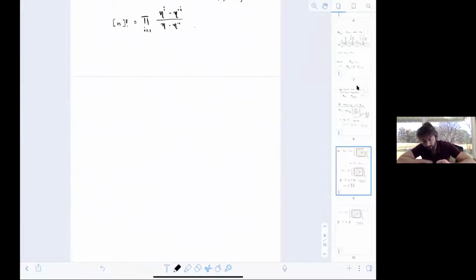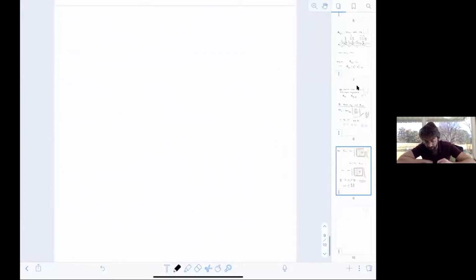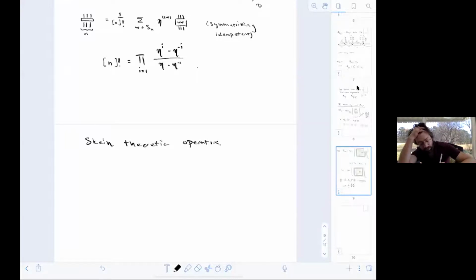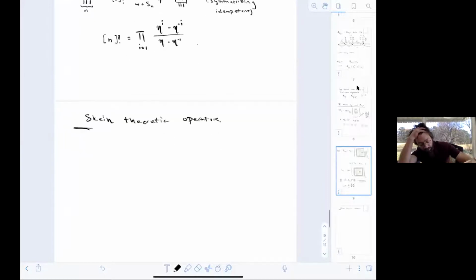So at this point, I'm ready to define the skein theoretic versions of the operators d plus and d minus. We have the raising and lowering operators like we had before. I want to interpret all of the generators in this Carlsson-Mellit algebra diagrammatically.